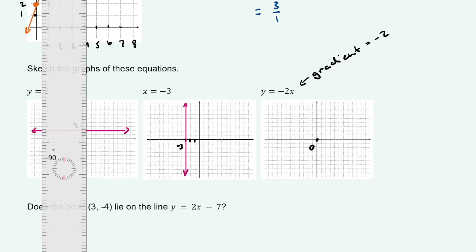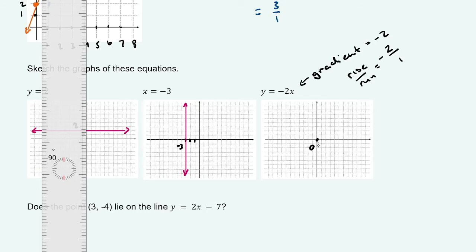If I turn that into rise over run, I'm going to have minus 2 over 1. So for every one across, this time I actually need to go down 2.